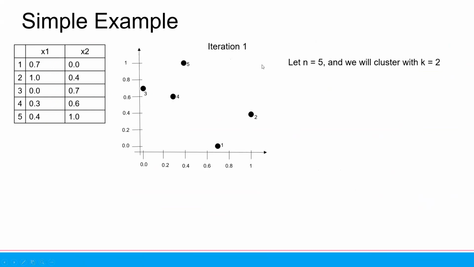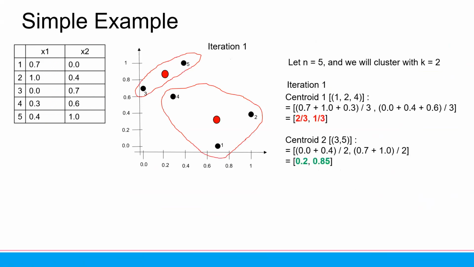In iteration 1, I can select any grouping. Let's say I choose this one: 3 and 5 are in the same group, and 1, 2 and 4 are in the same group. So this is chosen randomly. For iteration 1, we can calculate the centroid.